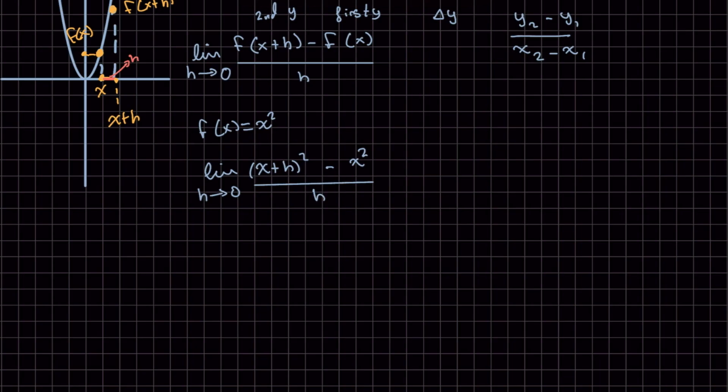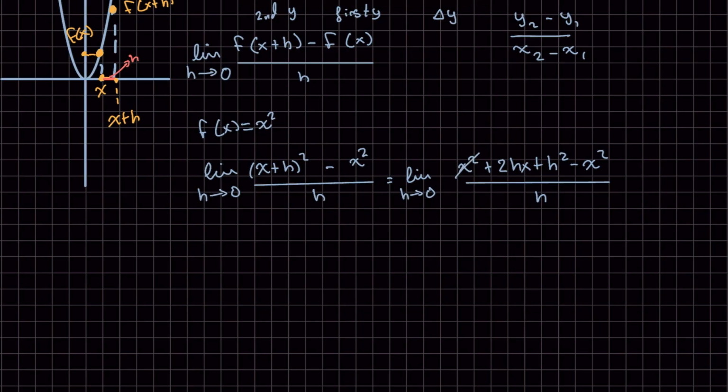And so we'll expand this, and this is equal to the limit as h approaches 0 of x squared plus 2hx plus h squared minus x squared, all over h.